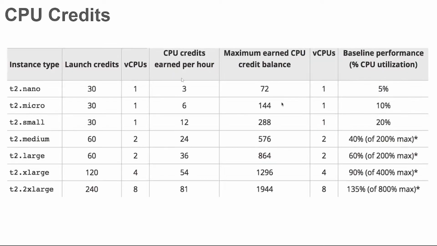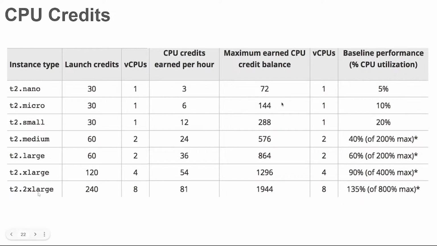Next is CPU credits. Here all the information about CPU credits is given to you. T2.nano: launch credits 30, vCPUs 1, CPU credits earned per hour 3, max CPU credit balance 72, baseline performance 5%. All these are instance types.